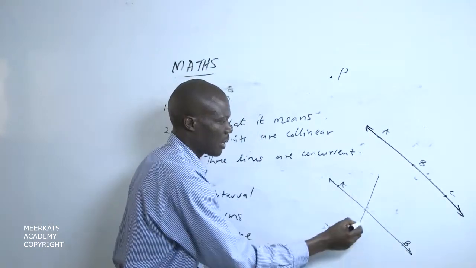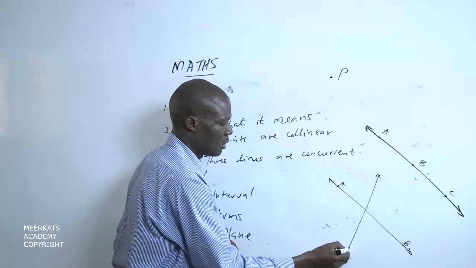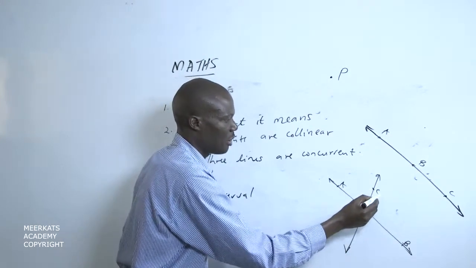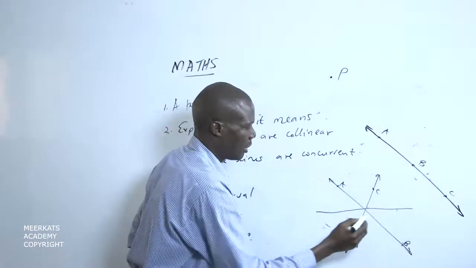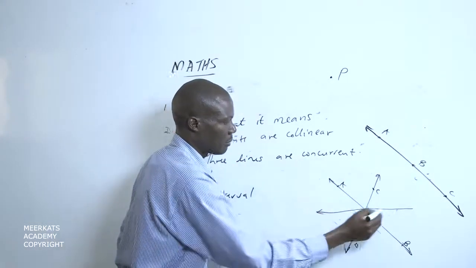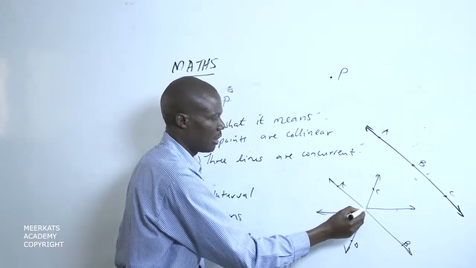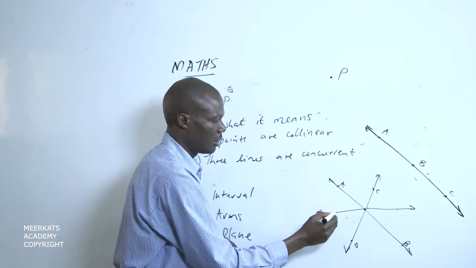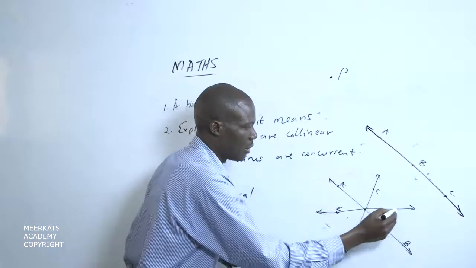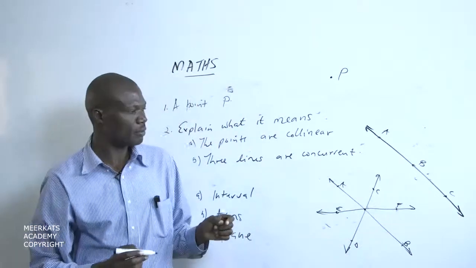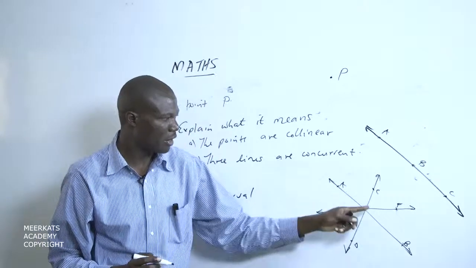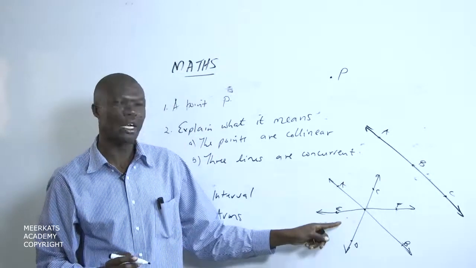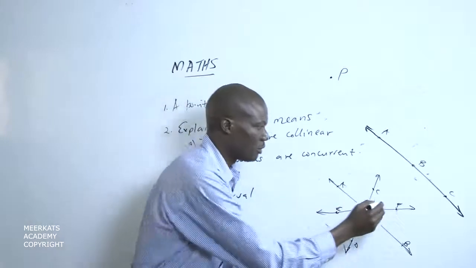The next line I can have this. This line here, let me call it line CD, and another line running that side. And this line here, I'll call it line EF. So we have three lines, line AB, line CD, and line EF.